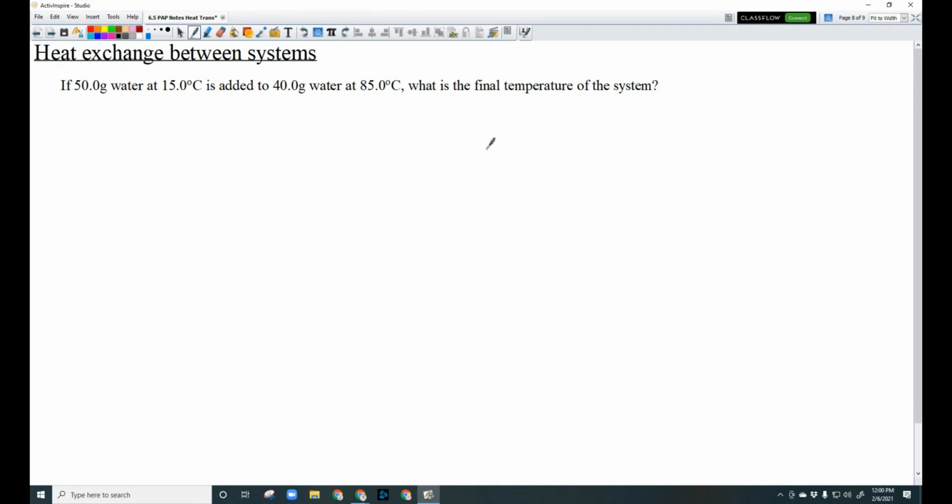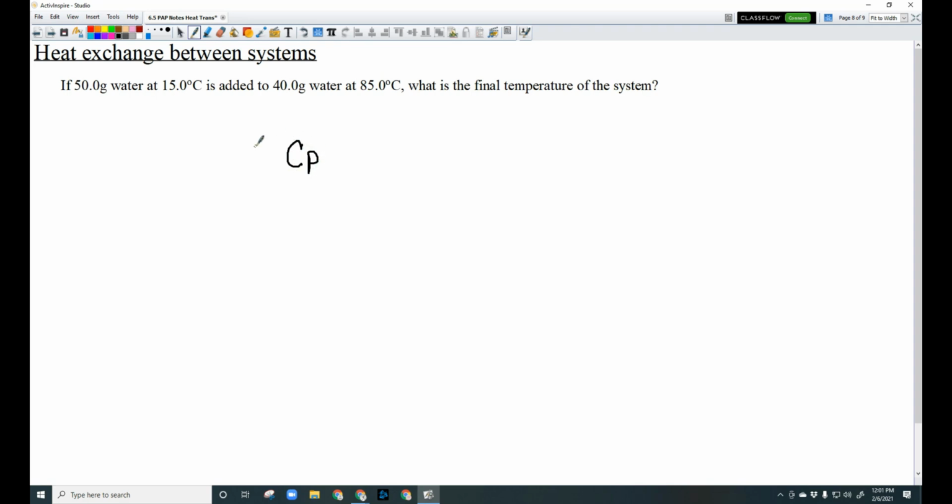So if we don't know specifically what kind of metal something is made out of, then we can heat up the metal to a certain temperature, drop it into water, find out how much the change of energy is for the water, so we can use that to rearrange the equation to solve for C sub P. Okay, this is the specific heat of that metal.